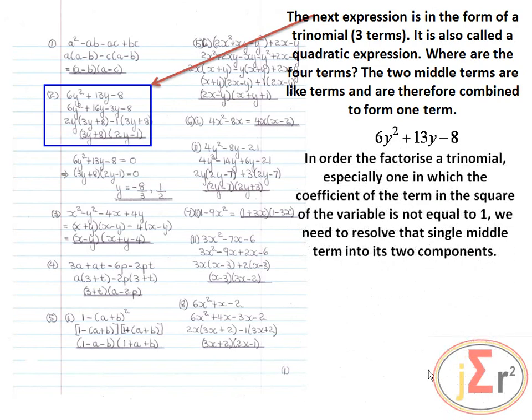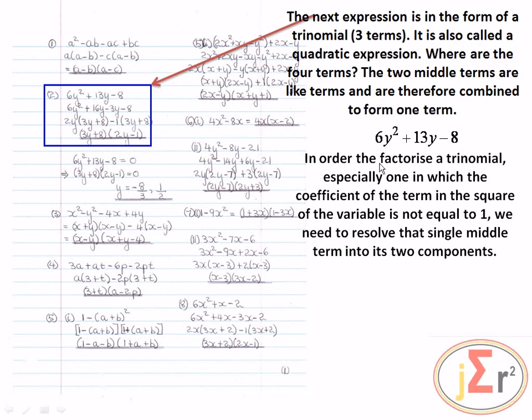In order to factorize a trinomial, especially one in which the coefficient of the term in the square of the variable is not equal to 1, we need to resolve that single middle term into its 2 components.